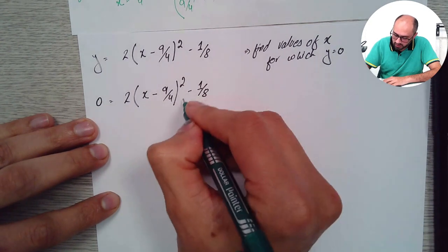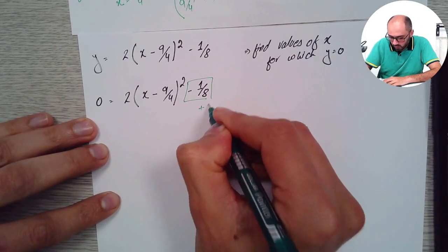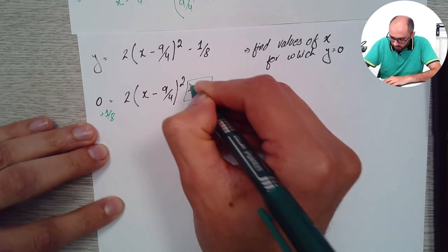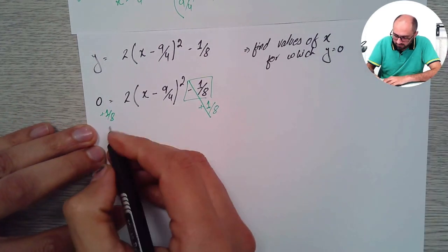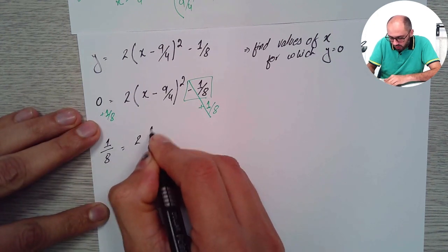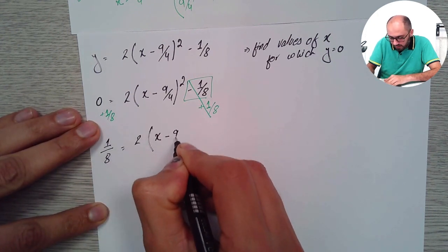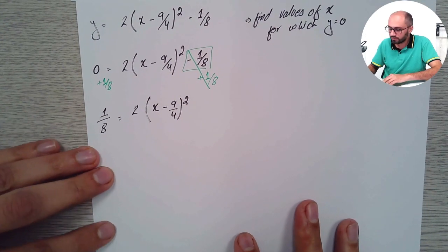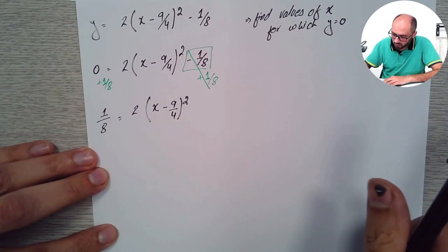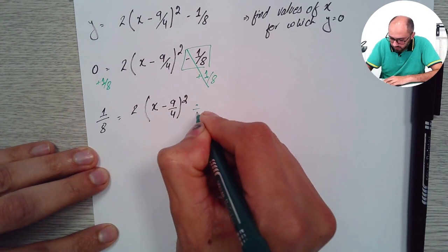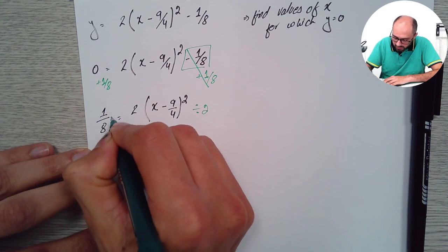You will get it off this first. So you'll do plus 1 over 8 on both sides. This will cancel out. You're then left with 1 over 8 equals 2 times (x minus 9 over 4) whole squared. Now, to get it off this 2, you'll divide this side by 2, and you'll divide this side by 2.